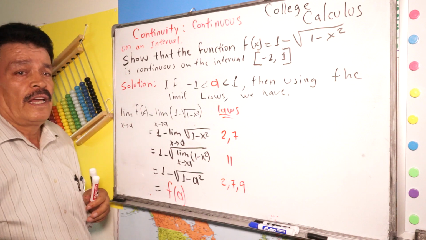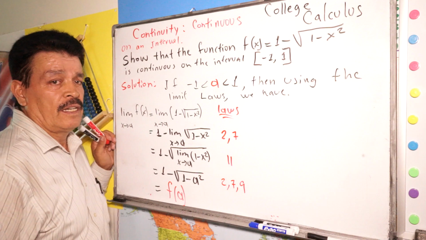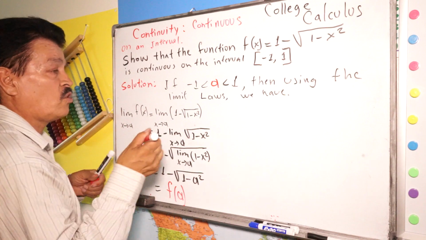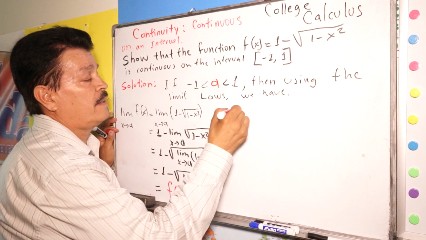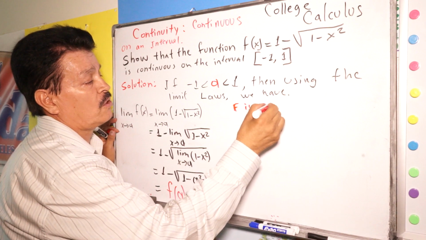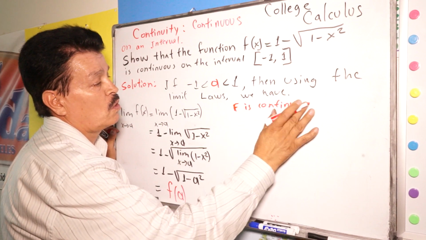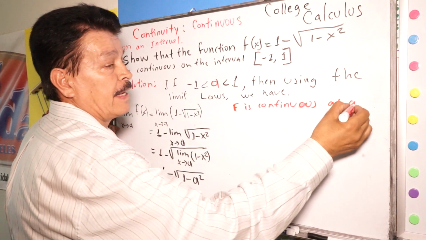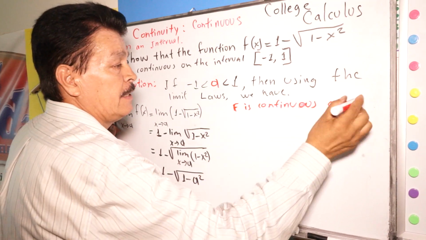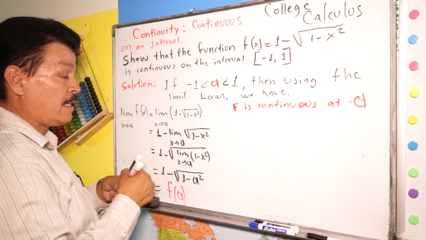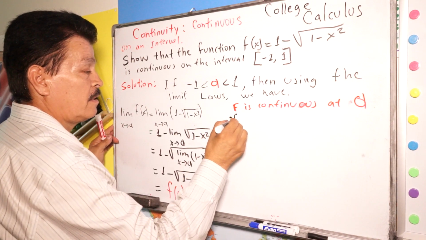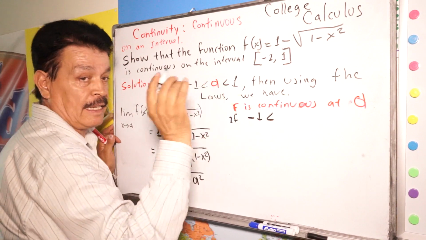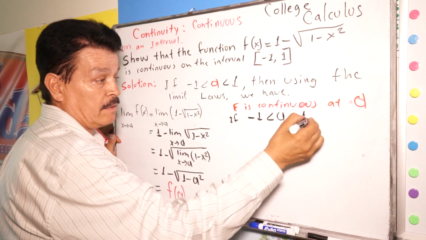By definition 1, f is continuous at a, if we have -1 < a < 1.